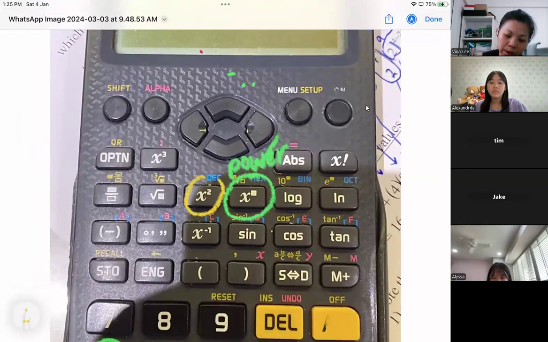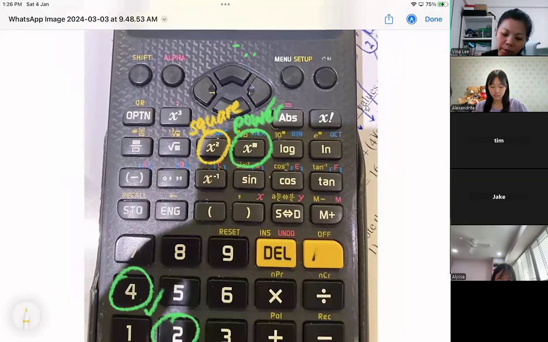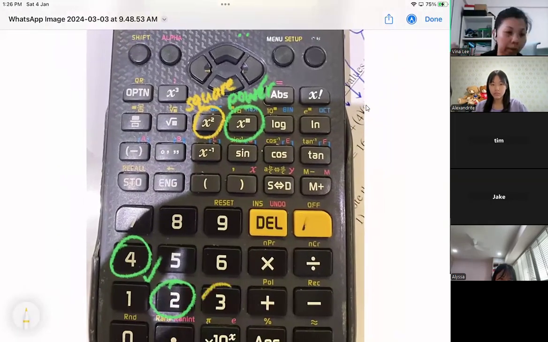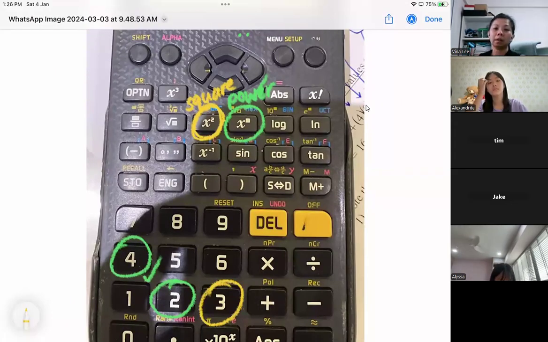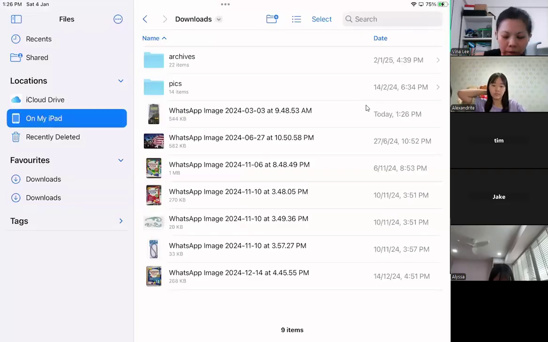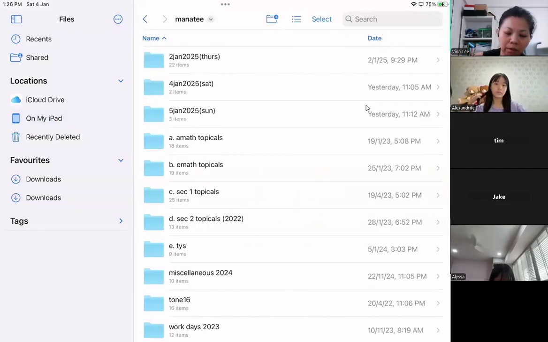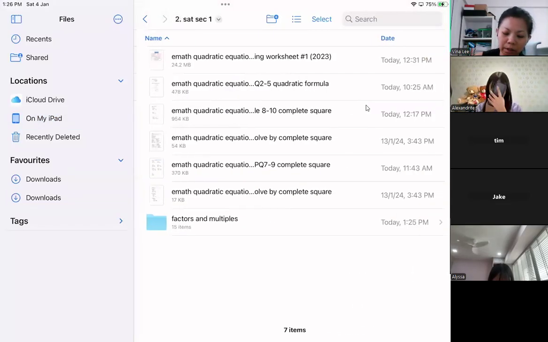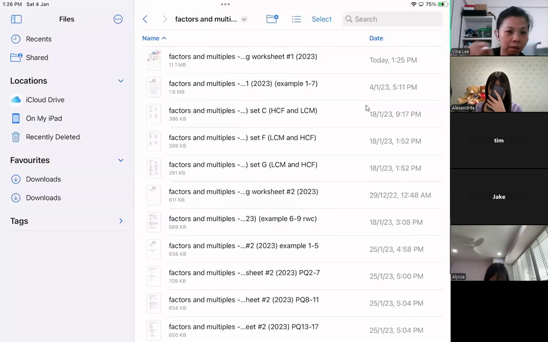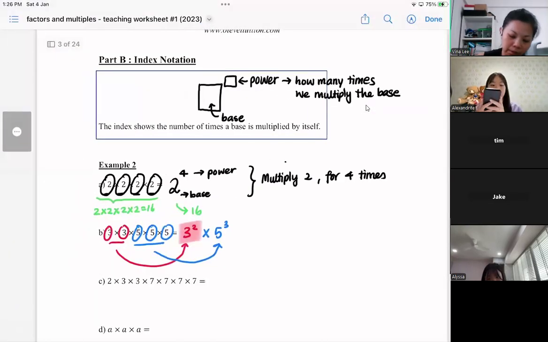So you can just press 3 and then square it. That is called the square button. The other one is called the power button. I don't think you use it in primary school, because primary school is simple calculation.